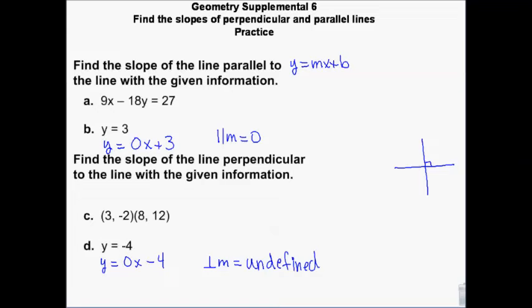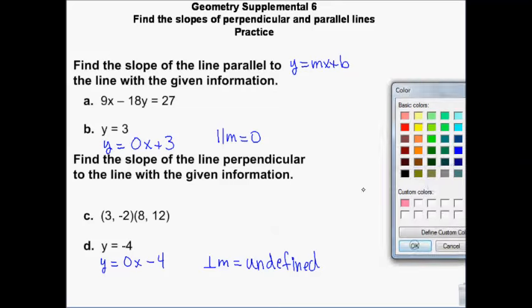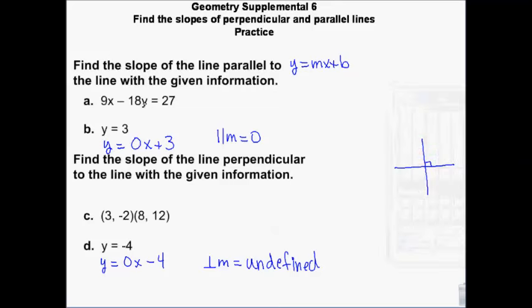Okay. With this example up here, I would rearrange this and put it into y equals mx plus b format. So I would have negative 18y is equal to negative 9x plus 27. That's just moving the 9x over. I would divide everything by negative 18.